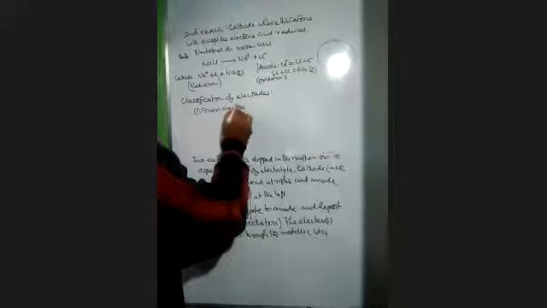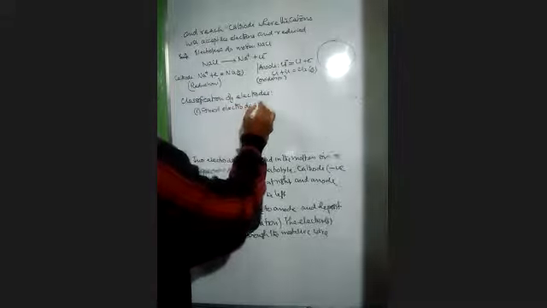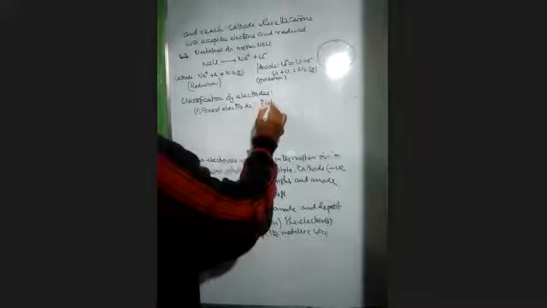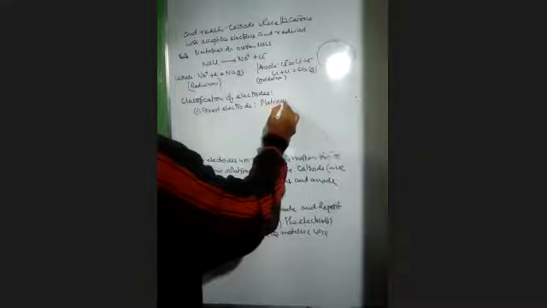Which conducts electricity. Now, one is called inert electrode. Example: platinum, or iridium, like that. Iridium as such we do not use because iridium is very costly. So we use platinum.